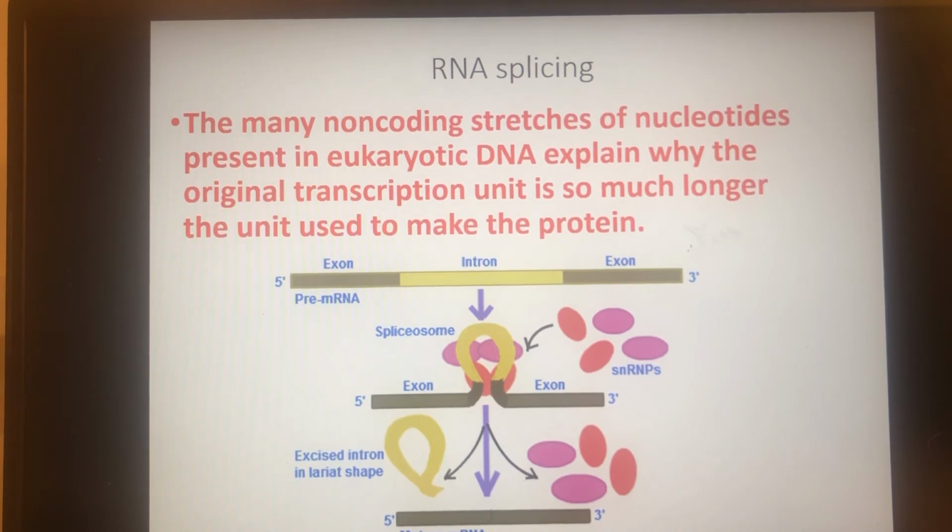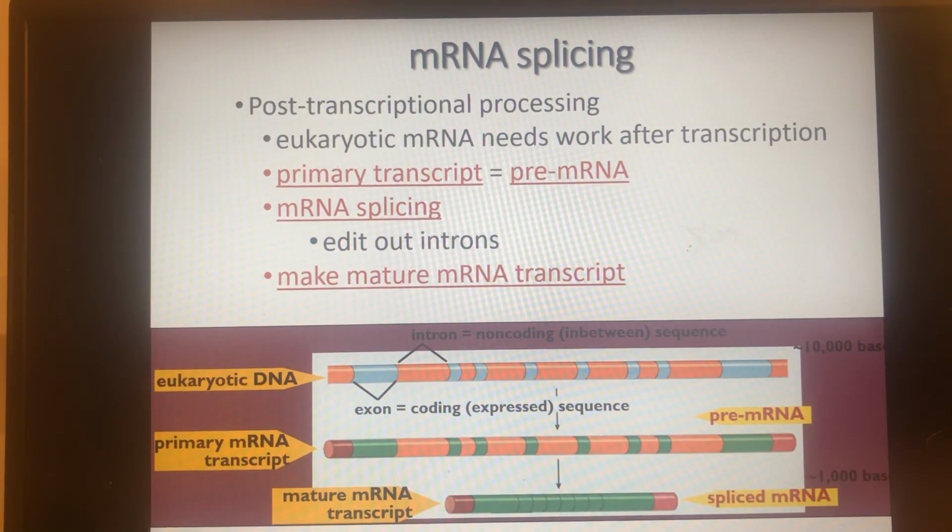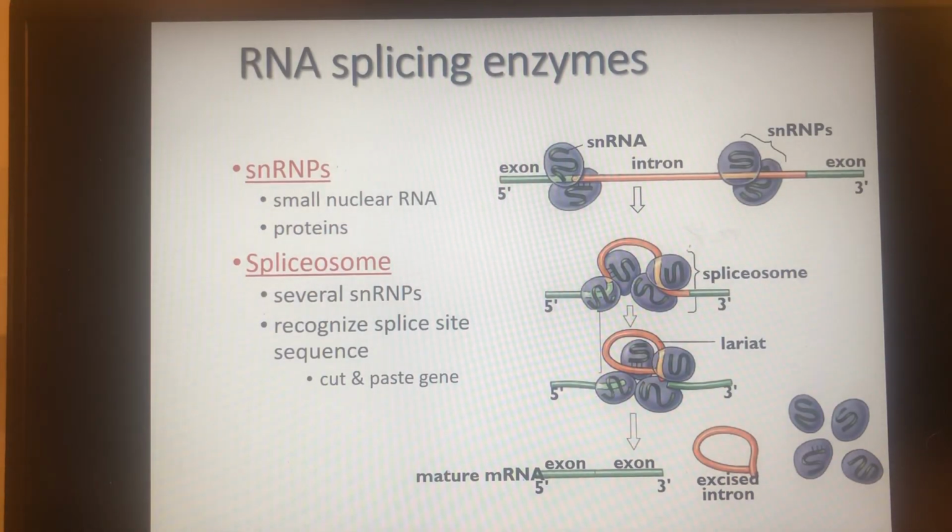So your pre-mRNA is always going to be longer than the finished copy of mRNA. Okay, this is just showing you this whole idea of mRNA splicing, that we edit out the introns and pull them out, and that makes the mature mRNA, okay?